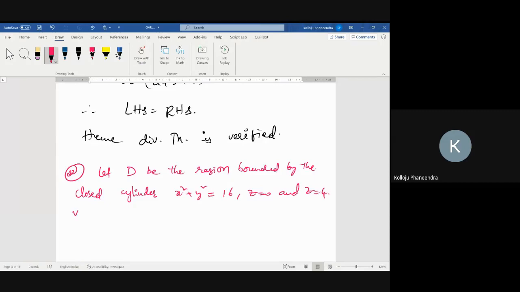Verify divergence theorem if v bar equal to 3x square i plus 6y square j plus zk.